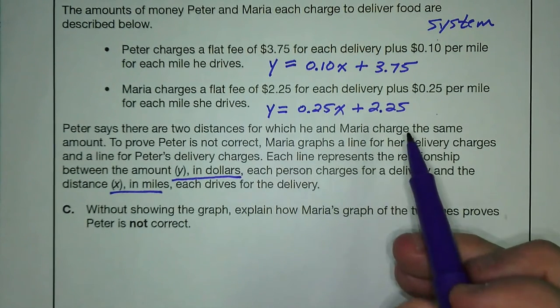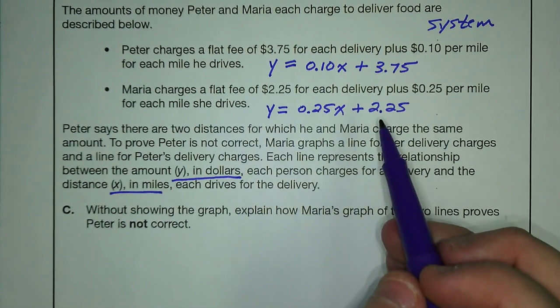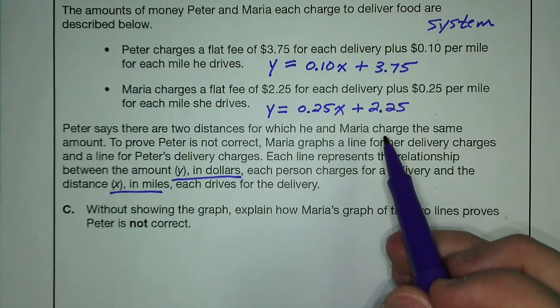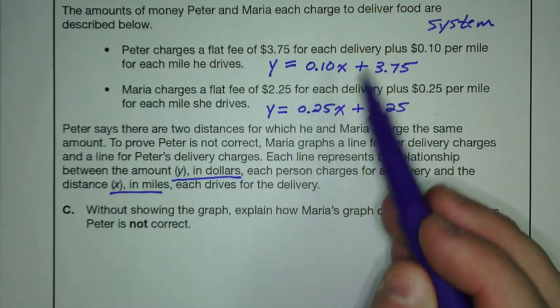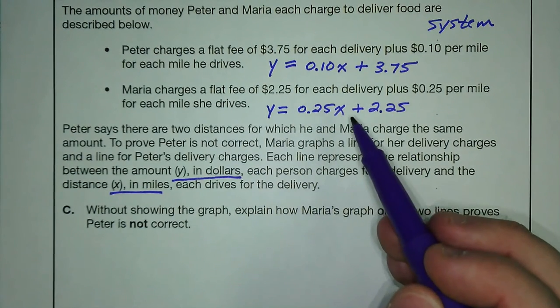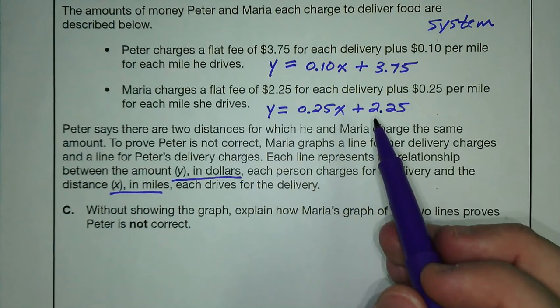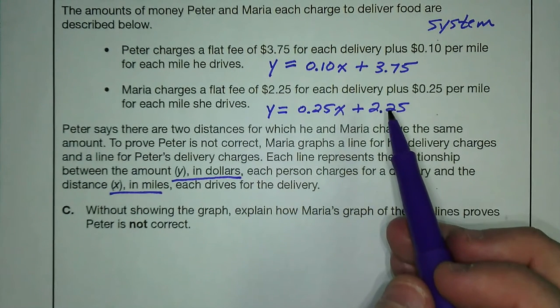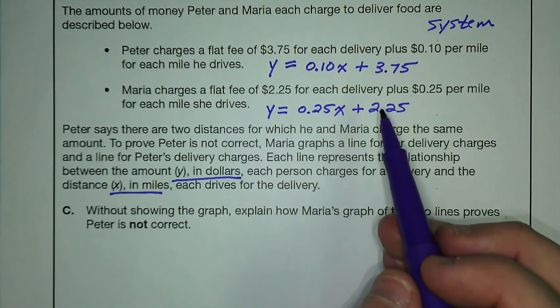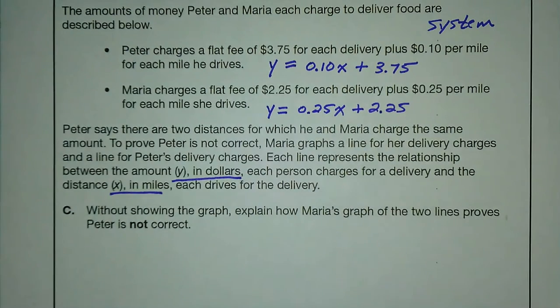And where these lines cross, now I'm finally getting to the point, no pun intended, is where Peter and Maria have an actual combination in common, okay?